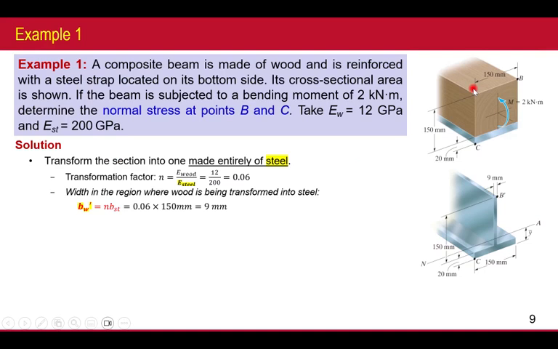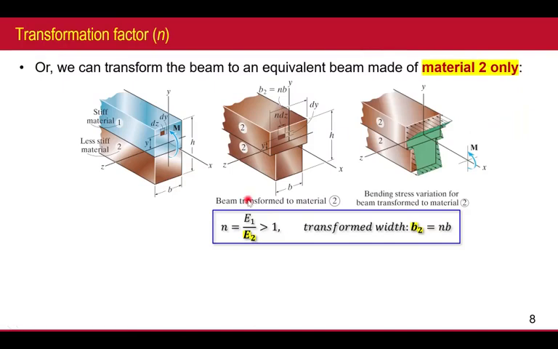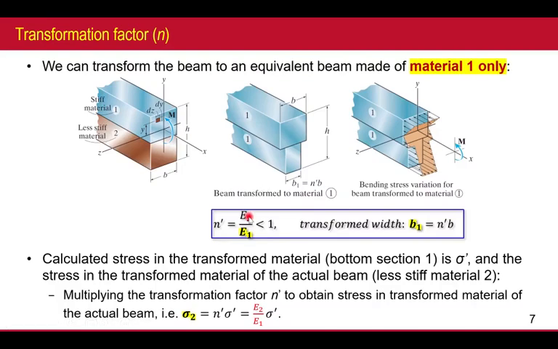So of course, wood to steel. That means A is equal to E wood over E steel. Clear? From material 1 to material 2, or from material 2 to material 1.